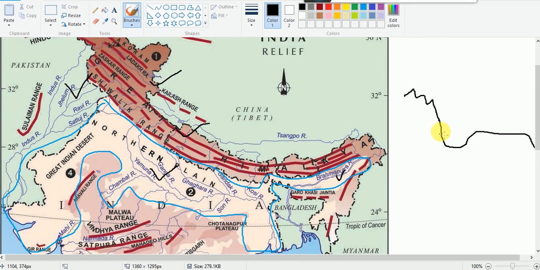There was a depression just south of the Himalayan mountains, and the rivers flowing down from the Himalayas deposited sediments here: pebbles, boulders, stones, and silt. And rivers flowing from the peninsula also deposited materials, alluvium, here in this low-lying area. In this way, the Great Plains, the northern plains of India, were formed.